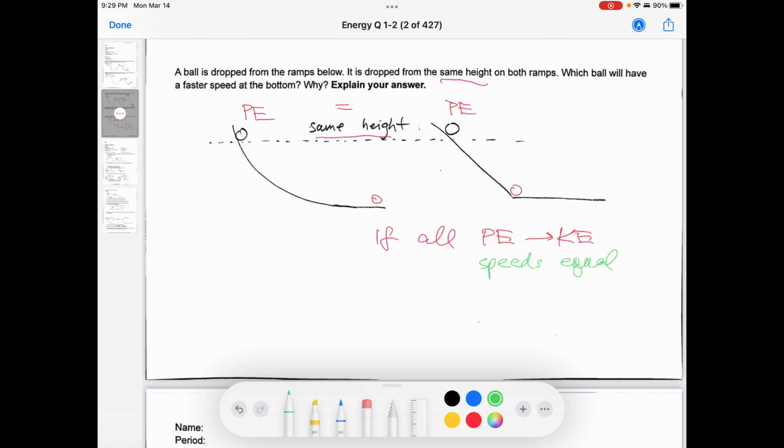So that is why if you have two curved ramps and you drop a ball from the same height of the curved ramps, at the bottom of those ramps, the speeds of the ball are equal. So only if the ramps are curved.